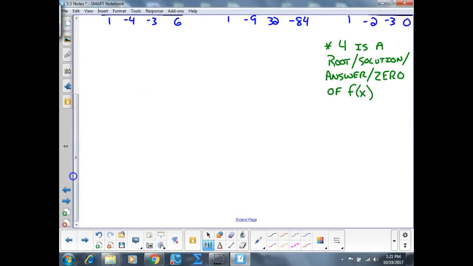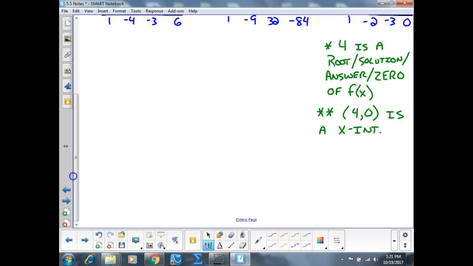The second thing that tells me is that 4, 0 is an x-intercept. That function is going to cross the x-axis at the point 4, 0.